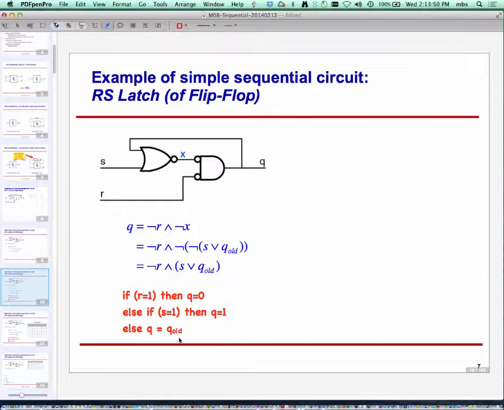But I can selectively update it to 1 or 0, as the case may be, by controlling S and R appropriately. As you can imagine, R is called R because it has a resetting behavior. So R for reset, S equal to 1 is setting the circuit. So reset, set, and if you're doing neither of the two, then it holds its previous value.